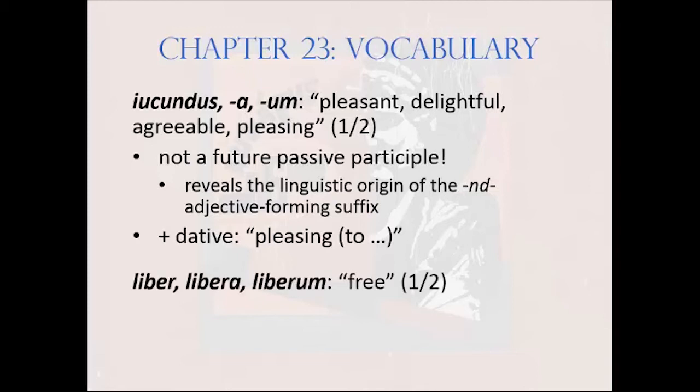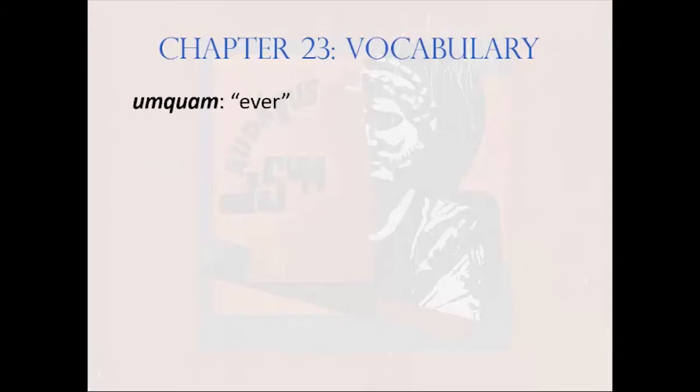The next word is another adjective, liber, libera, liberum, meaning free. It's first-second declension, and notice that it does not contract. The base is liber. The next word is umquam, meaning ever, an adverb. As we've noted before, it's the correlative of numquam, never.